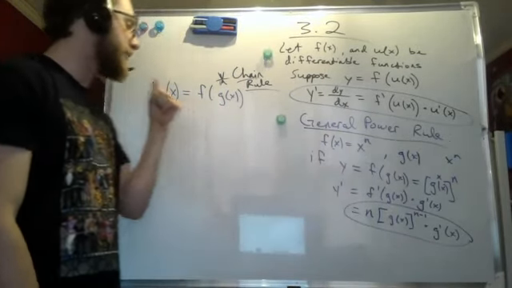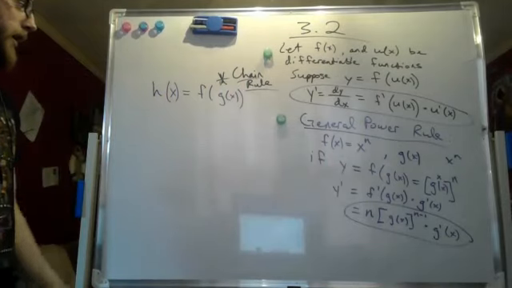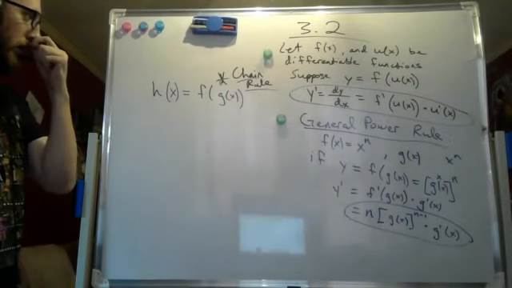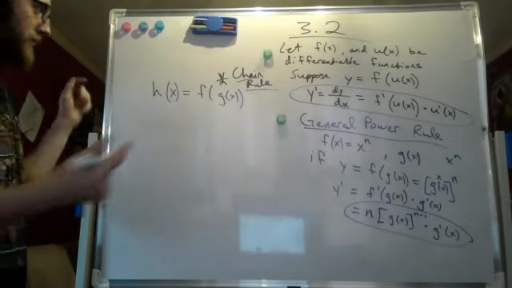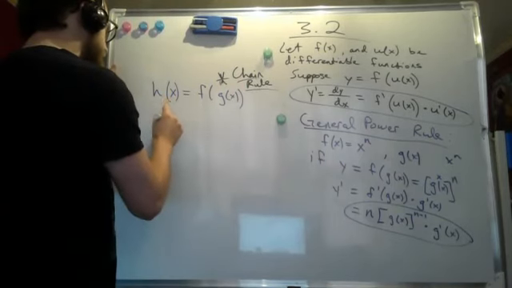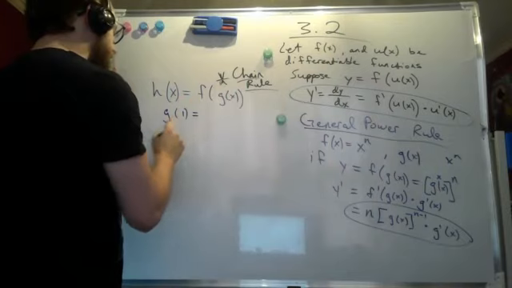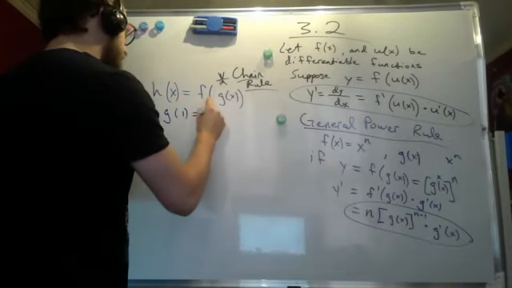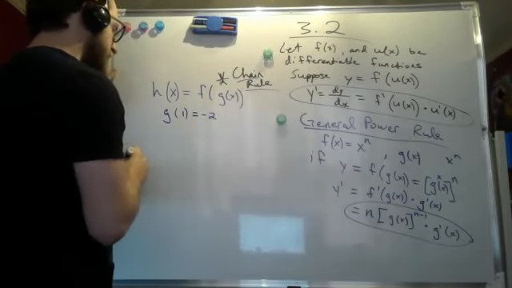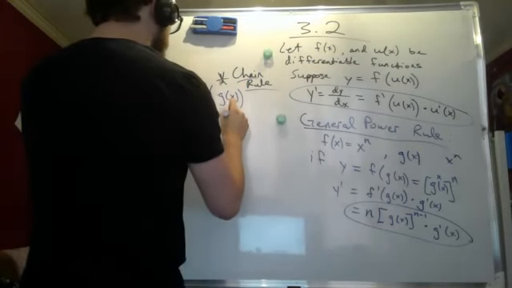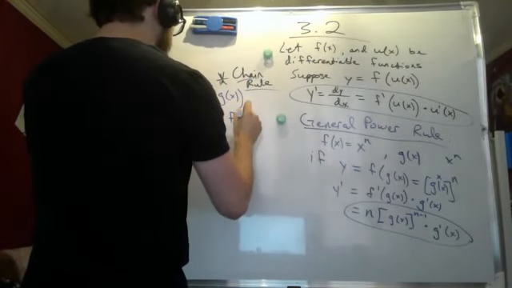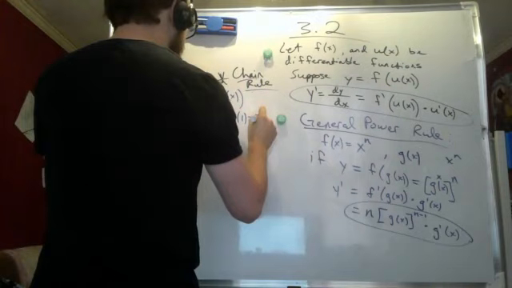You're not told anything about these functions. And maybe all they tell you is g of 1 equals -2. Maybe they tell you f of 1 equals 3.